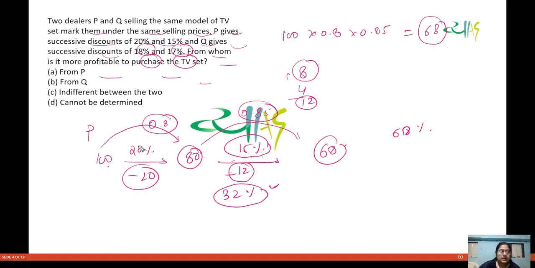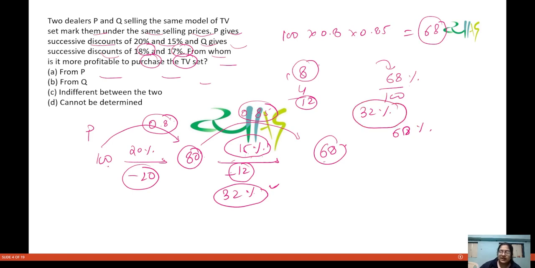When you give the first discount of 20%, you are getting 80. The second discount of 15%, you are getting 68. So 68% price is left, because percent means by 100, 68 by 100. So you are getting 68% price, that means you are getting a 32% discount.